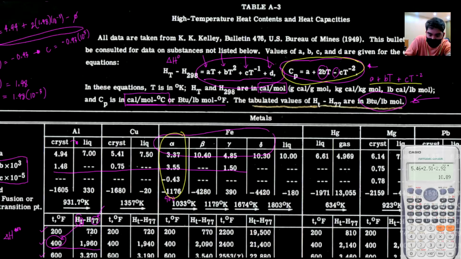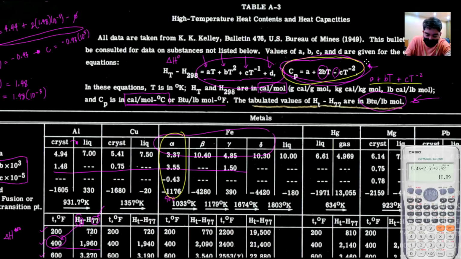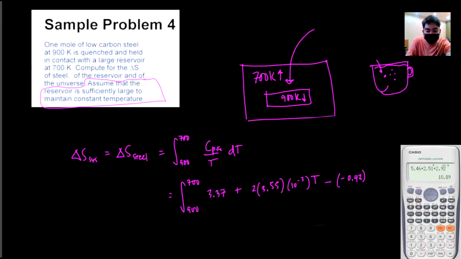Look at it, negative 0.43 minus negative 0.43, which equals a positive value. Okay? So again class, be mindful dito kasi posibleng dito magkakamali kayo. Always remember na ito yung ginagamit na form. This is what Schumann uses. So you need to take that into consideration. So this becomes T to the 10 to the 5, raised to the power of T to the negative 2. T to the negative 2 dT. So we divide this all by T.